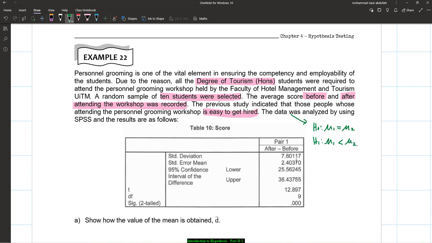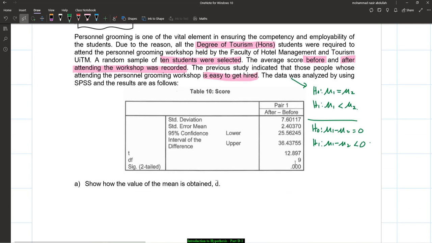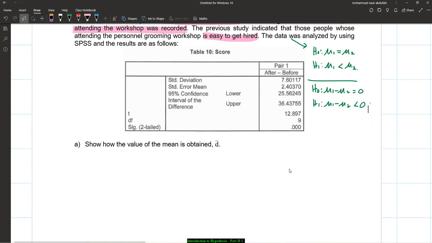So the chance of getting hired is more in mu2. So we can put it in a nice way. Null hypothesis mu1 minus mu2 equal to 0. Alternative hypothesis mu1 minus mu2 less than 0. So the question asks us to show the mean obtained, d bar.